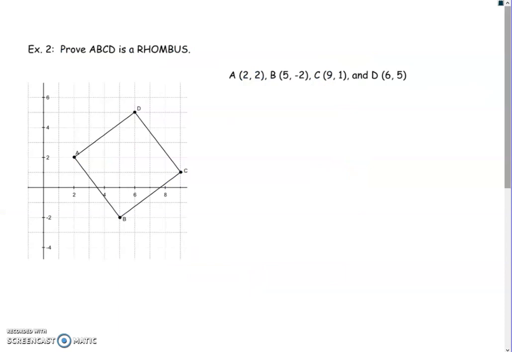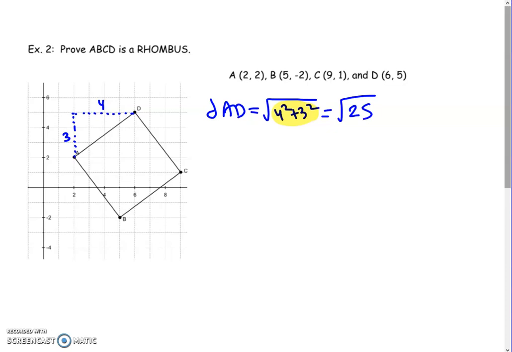Example 2, prove ABCD is a rhombus. So again, we're going to do 4 distances. Distance from A to D. Delta x here is 4, delta y is 3, 4 squared plus 3 squared. I put this into the calculator, 16 plus 9, square root 25.